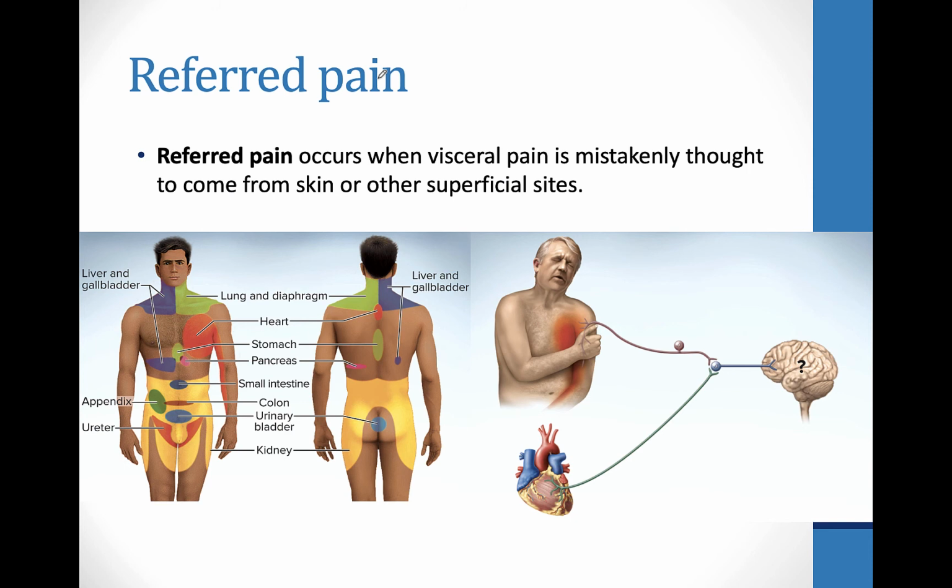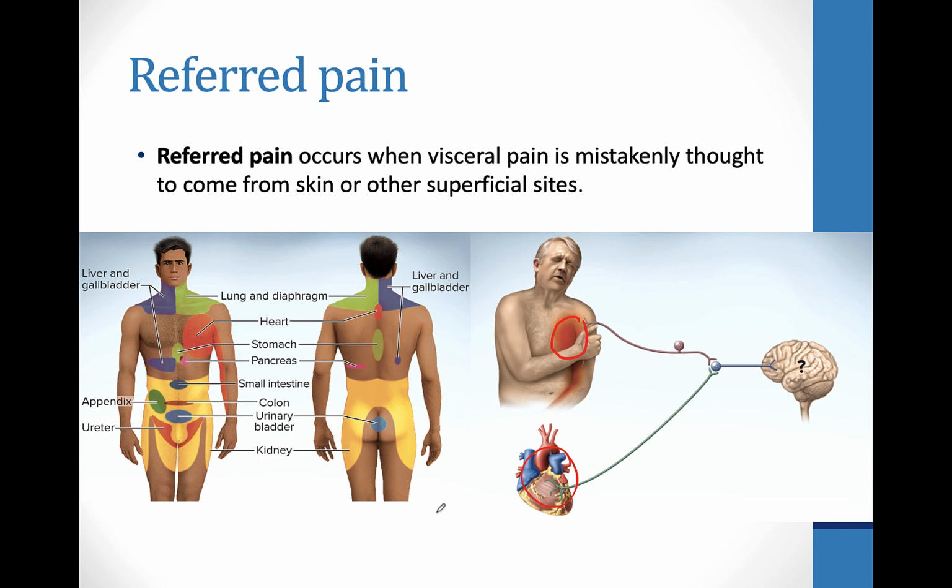So oftentimes we have what is called referred pain. This is where pain from our visceral organs gets mistakenly referred to our skin or other superficial areas. A really good example of this is that left arm pain is often referred pain that actually indicates a heart attack. So it's actually pain being sensed in the heart, but we feel it in our arm.